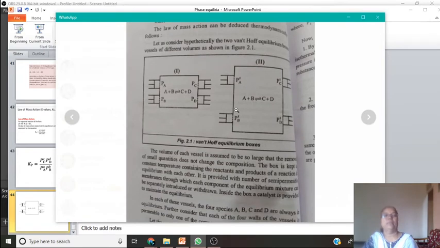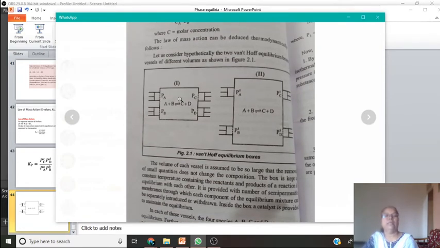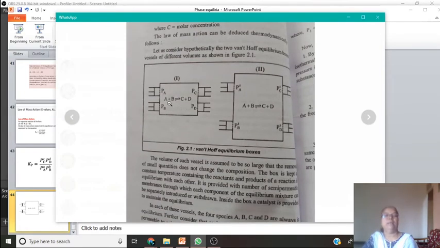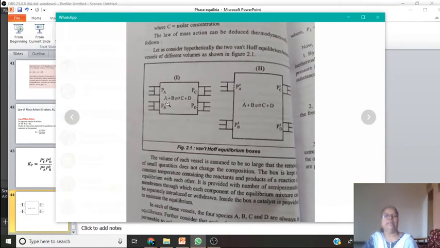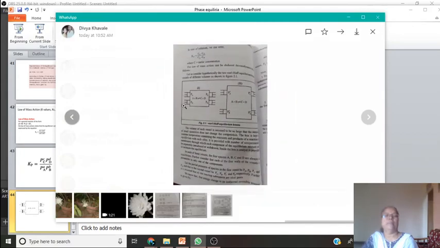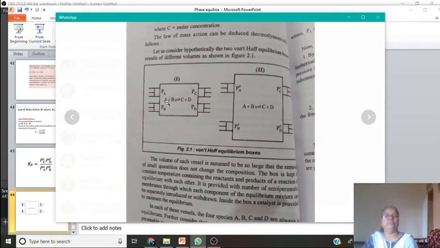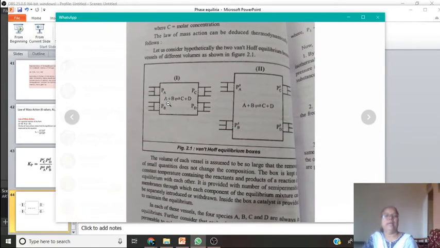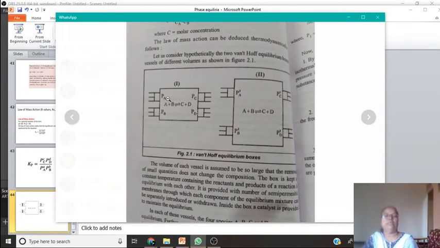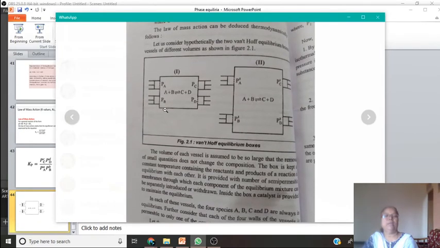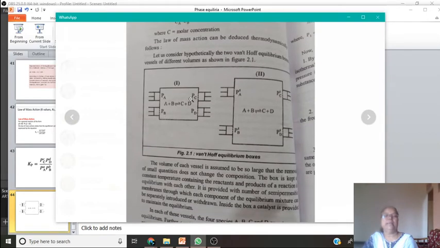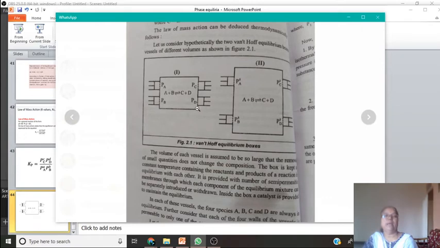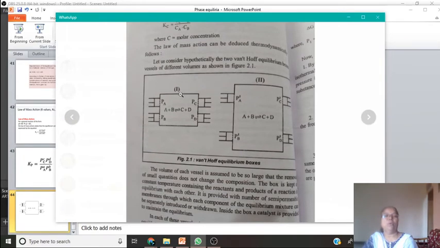See here, this is the first equilibrium box, and the reaction takes place in it. Here we have gas A with partial pressure PA, gas B with partial pressure PB, gas C with partial pressure PC, and gas D with partial pressure PD in box 1.